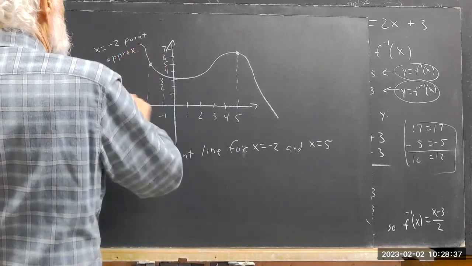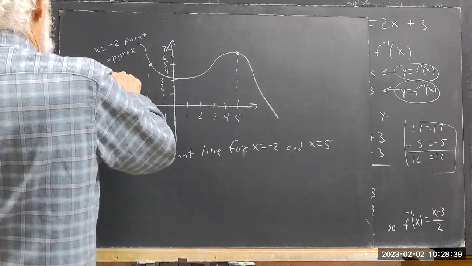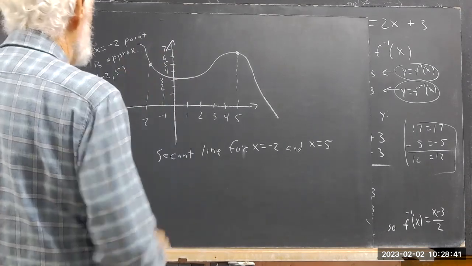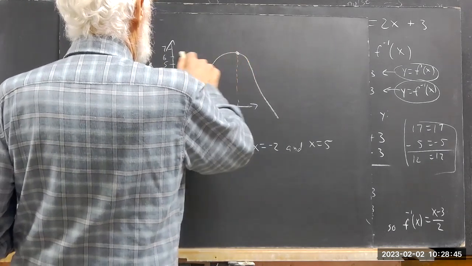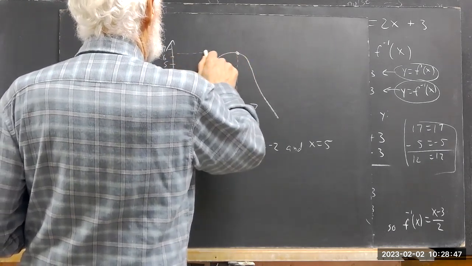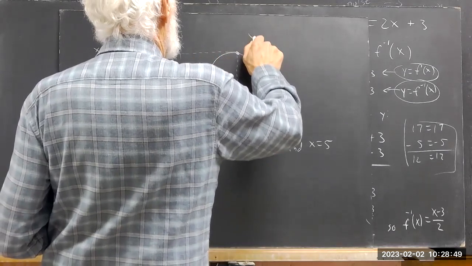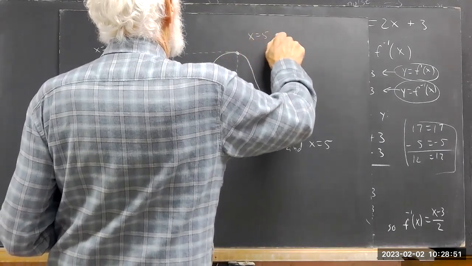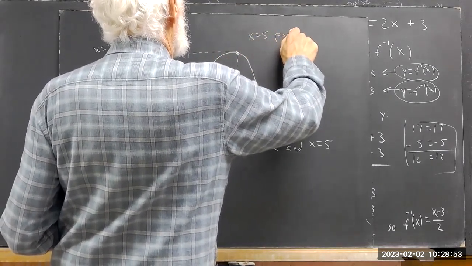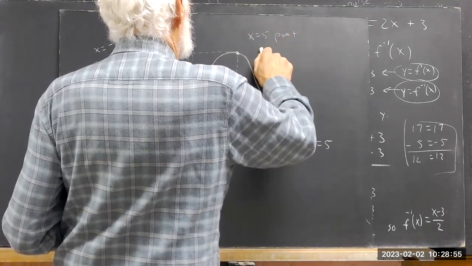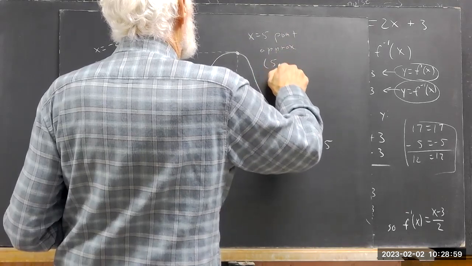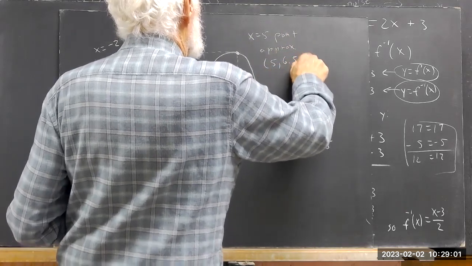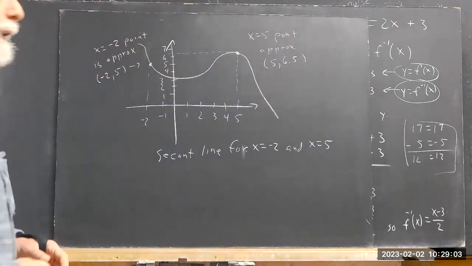That point is approximately -2, 5. This point is not 5, 6.5, right?